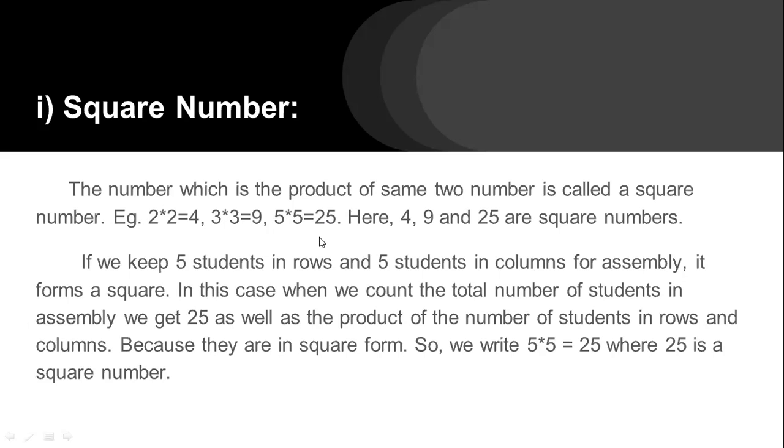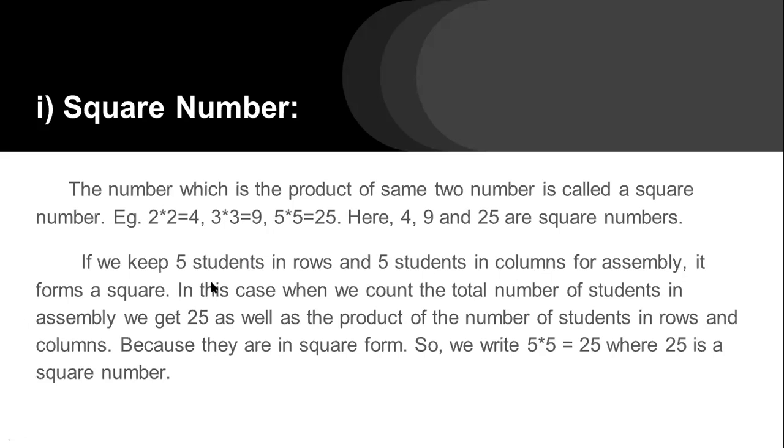Okay, like this we have to define the square numbers. And here, if we keep 5 students in rows, and 5 students in columns for assembly, it will form a square. If you arrange them in 5 rows and 5 columns, what will we have?